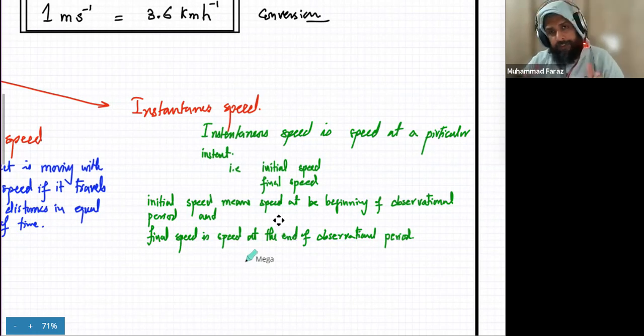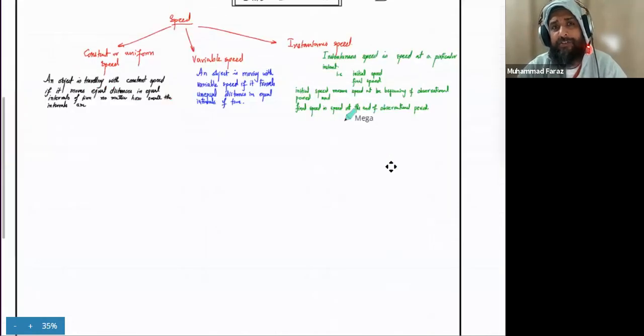Sometimes we have a constantly moving object and we split it into observational period number one, number two, and number three. In that case, the final speed of observational period number one can be the initial speed of observational period number two. So these kinds of questions can appear in front of you as well. Although in the AS syllabus, the examiner does not give you those kinds of questions, because then the examiner has to give you so many marks for some very easy questions.